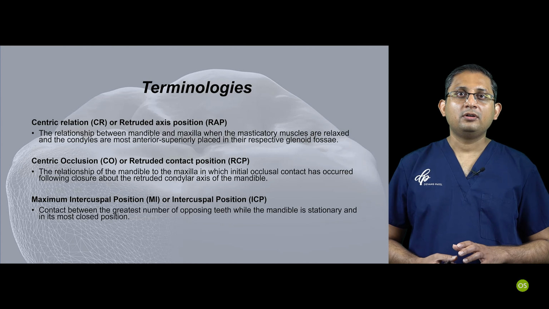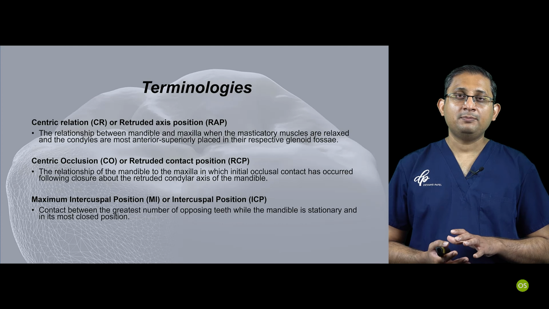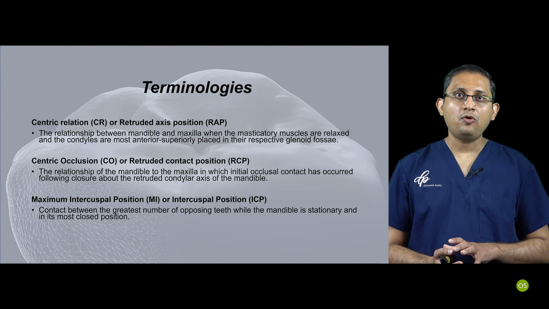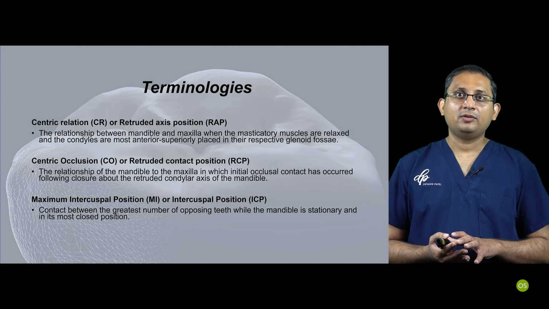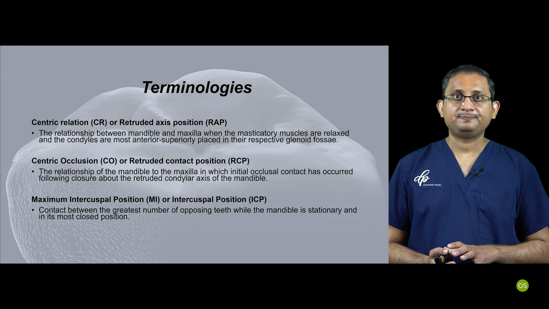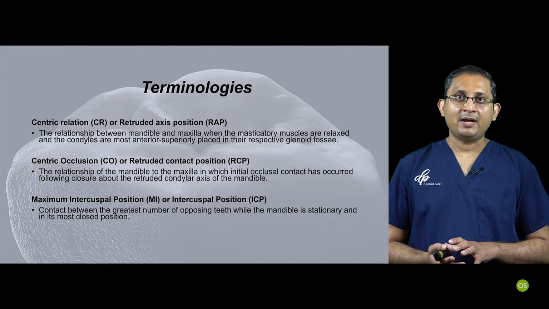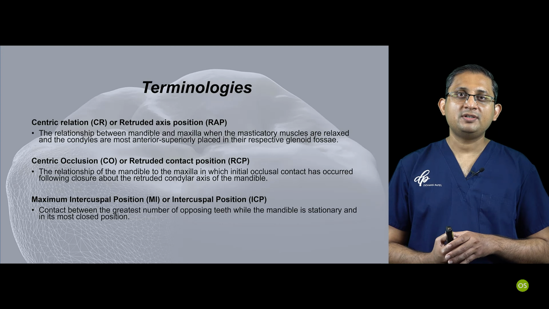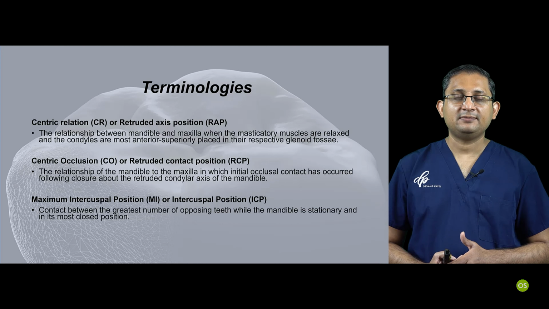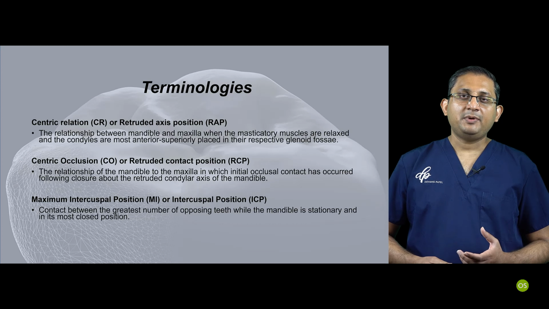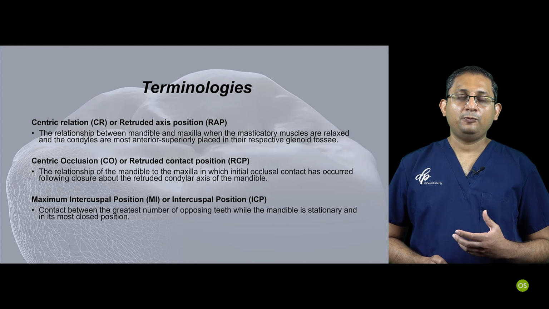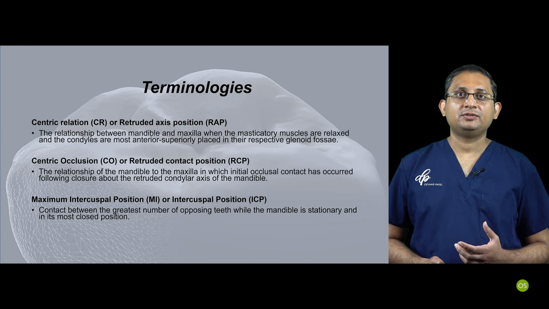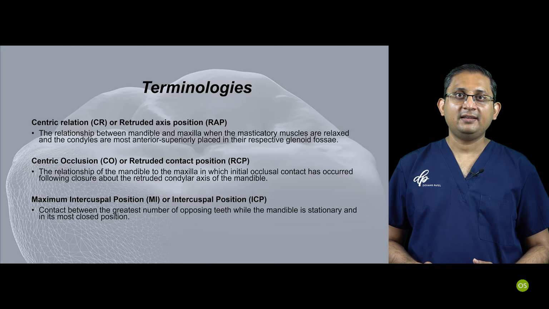From there on, the jaw slides forward, the muscles help the jaw slide forward to get the maximum intercuspation. And that's called MIP, where all the teeth are closed together in their maximum contact between maxillary and mandibular teeth. Maximum intercuspation is very useful for us because that's what we work by when we're doing simple restorative work.